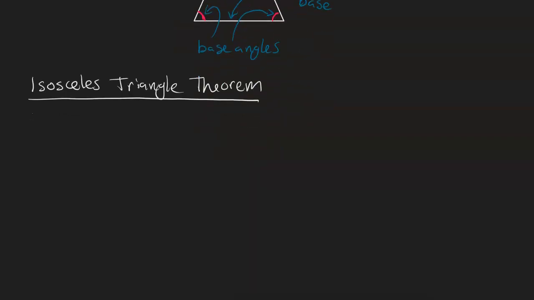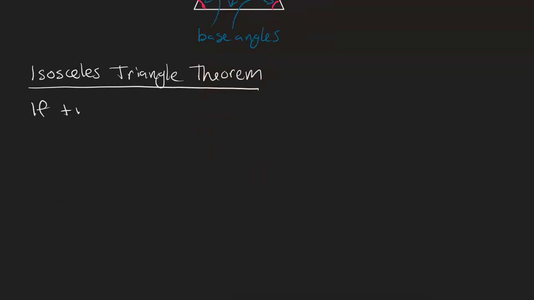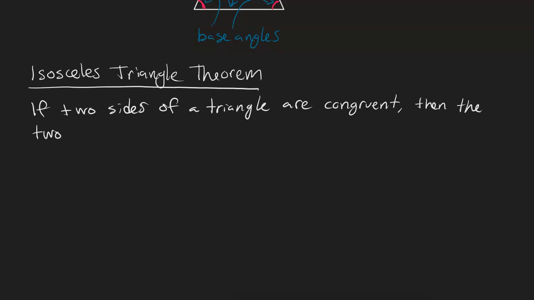And that states, let me scroll this, if two sides of a triangle are congruent, then the two angles opposite the sides are congruent.